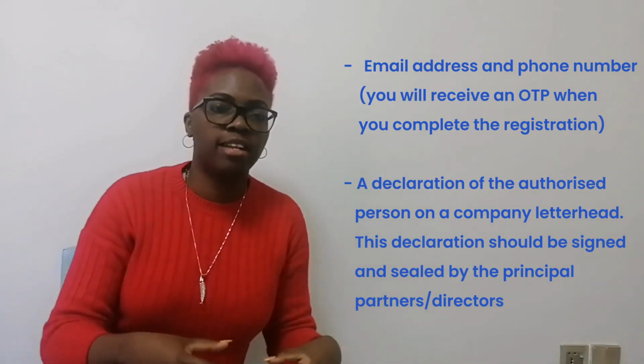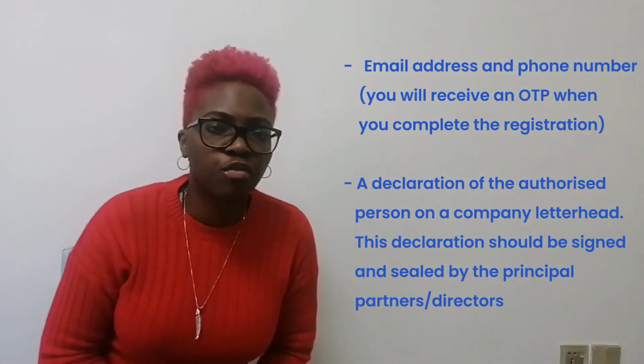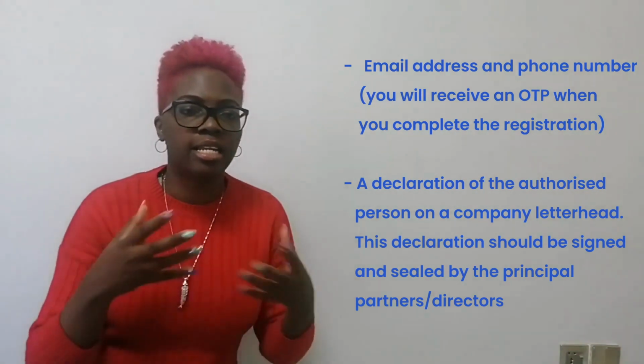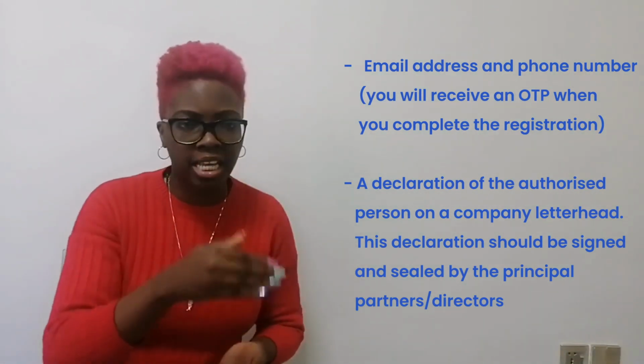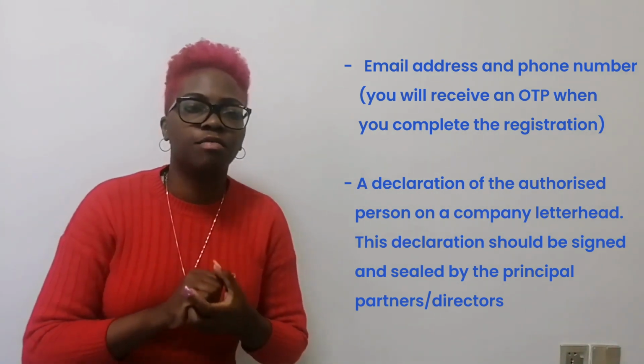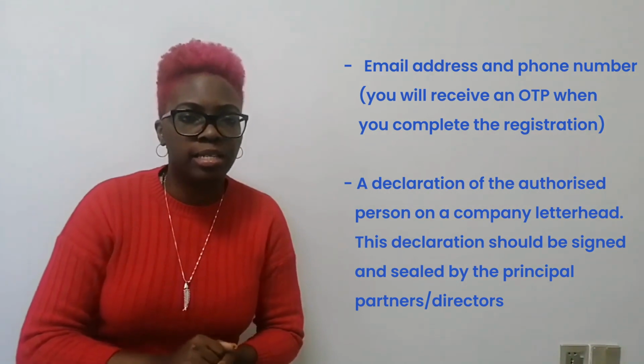So have them ready. And last but not least, you'll need a declaration of the authorized person. This is a letter that should be on an official letterhead, and it should be signed and sealed by the specific partners and directors of your company or your business.